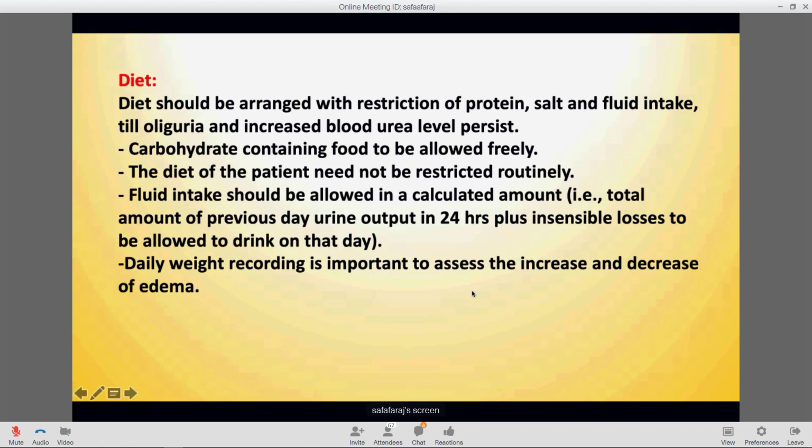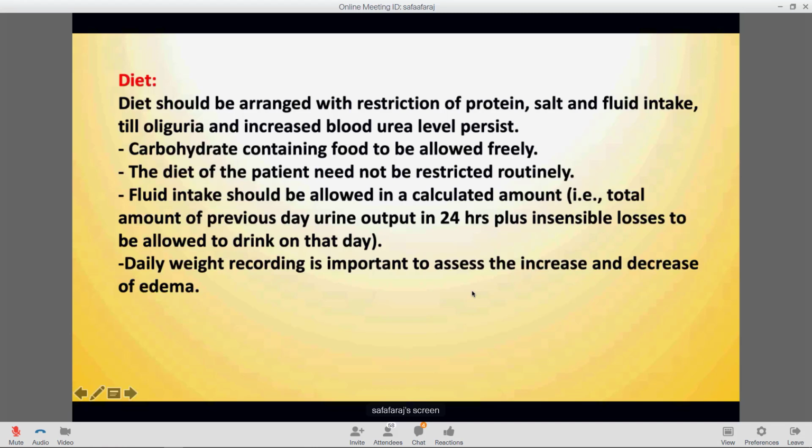That means the total amount of the previous day's urinary output within 24 hours plus insensible water loss, which means water loss through the skin, sweat, and eye dropping. All this should be calculated, and on that base we can calculate the fluid intake.